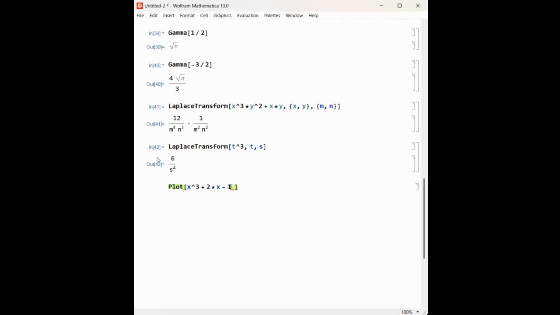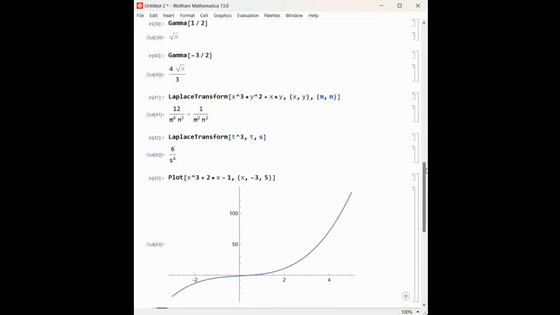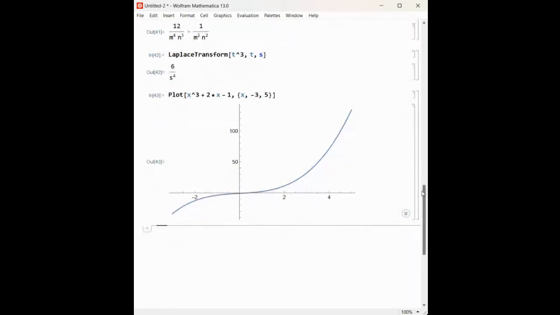So this is the function I want to plot, and then we specify the range. Suppose we say from -3 to 5, and then let's see how it works. So this is the graph of the function.